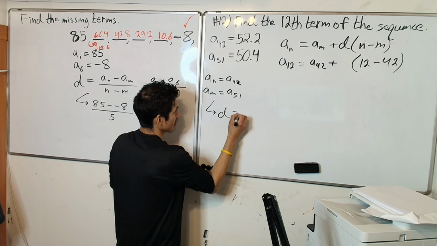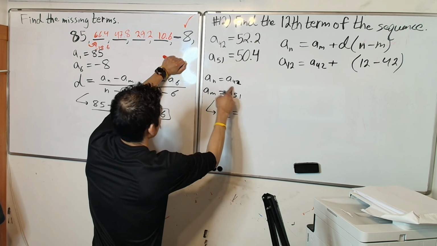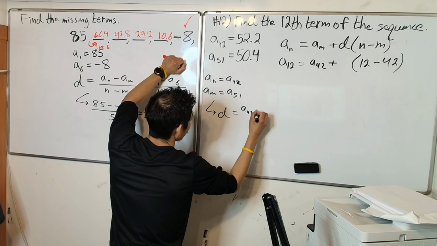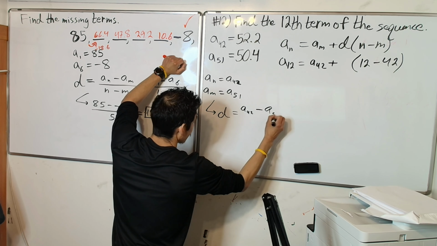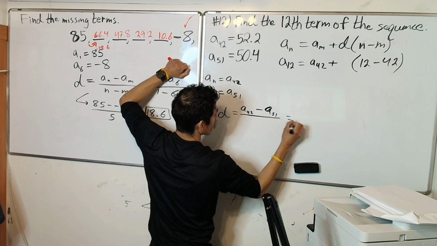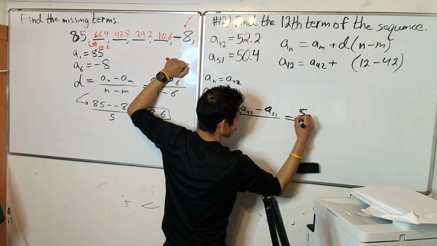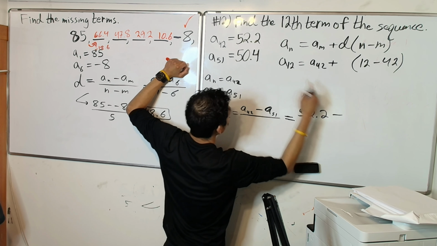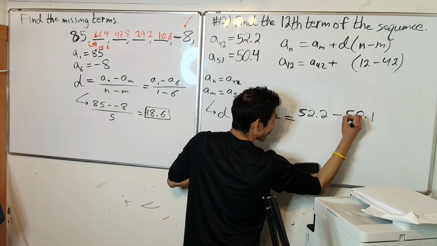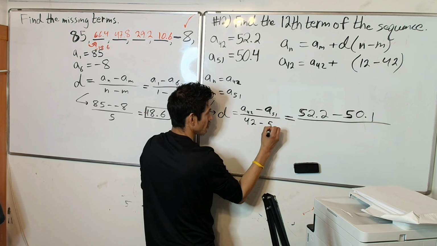So d is equal to an minus am. So a42, which is 52.2, minus a51. So 52.2 minus 50.1 over 42 minus 51.